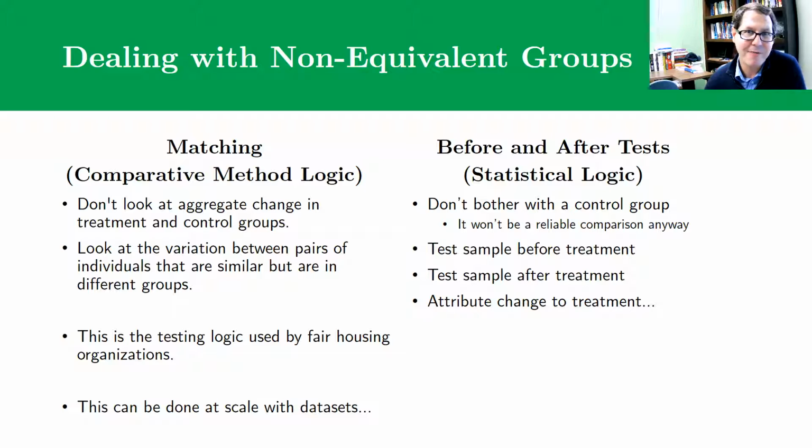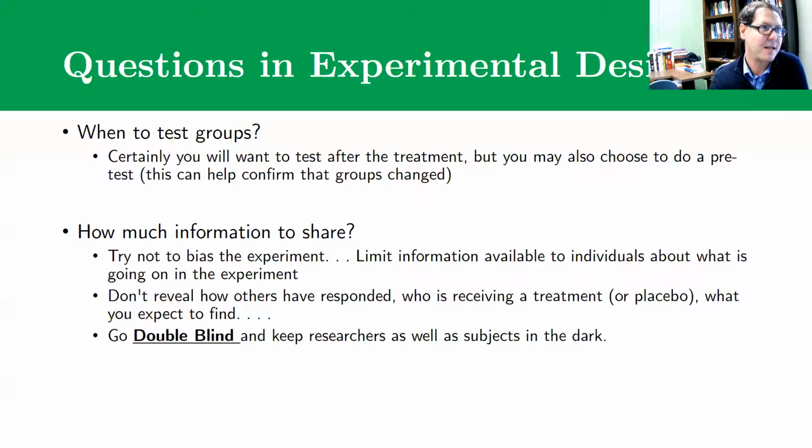I will flag that not every situation makes sense for a before and after test. And so maybe I'll pivot here and talk about this question about when to test groups. If you're able to test before and after, that's generally a good thing to do, but there are situations where you might not want to do that. So if I'm trying to measure something that you might start paying attention to, if I start asking you questions about it and I don't want you to pay attention to it, maybe I shouldn't be doing a pretest, right?